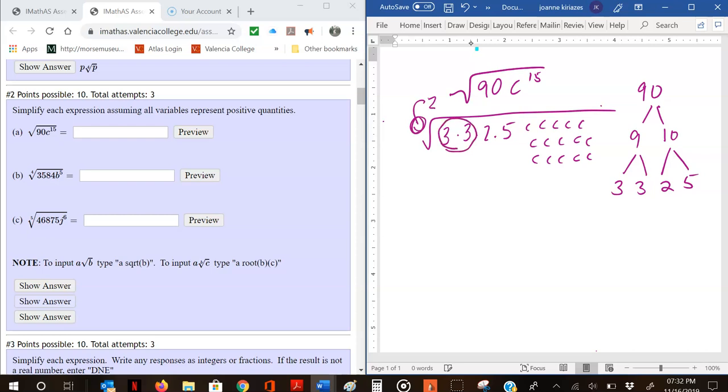I have 2 3s, 2 C's. I have several of these 2 C's, right? So I'm going to go ahead and group them up. And so underneath the radical, I'm left with 2 times 5, which is 10, and then a C. And then outside the radical, every time I have a circle, I put one of its members outside.